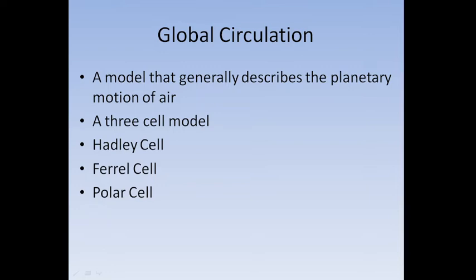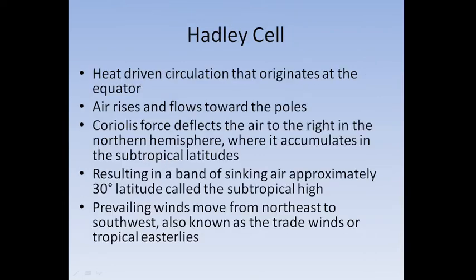So the 3-cell model is a Hadley Cell, Ferrel Cell, and Polar Cell. The Hadley Cell is a heat-driven circulation that originates at the equator. We'll probably draw something up here in a minute.